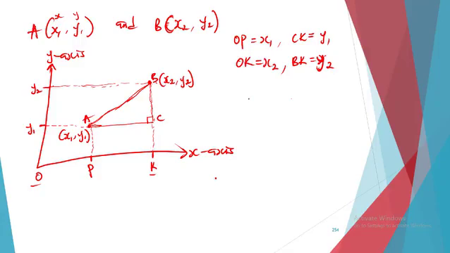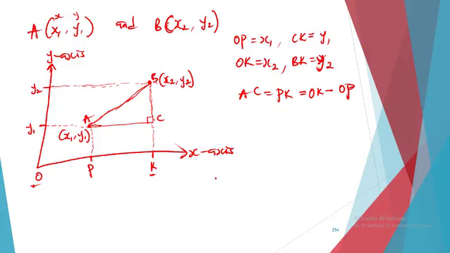Now you agree with me that line AC is equal to line BK, and it is equal to line OK minus OP. What do we mean by that? Our OK is from here to here.